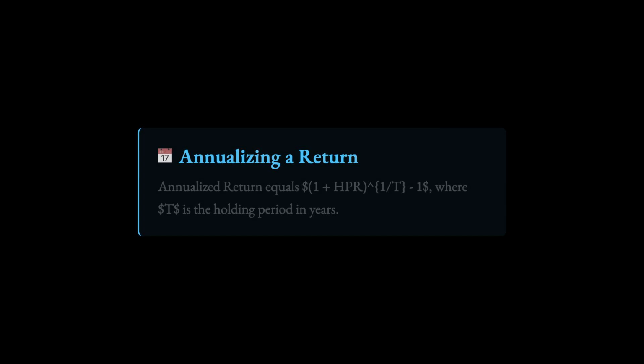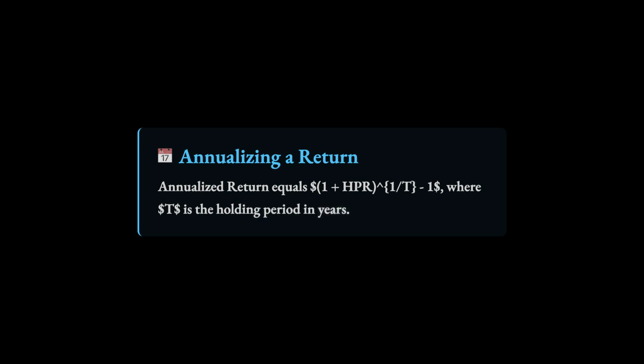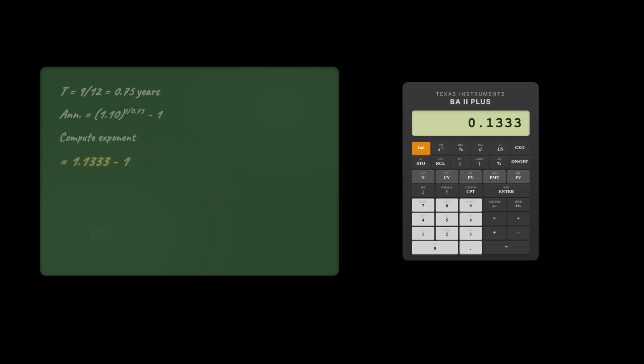But 10% over what time frame? To compare returns across different horizons, we annualize. The annualized return equals (1 plus HPR) to the power of 1 over T, minus 1, where T is the holding period in years. 9 months is 0.75 years, so T equals 0.75.